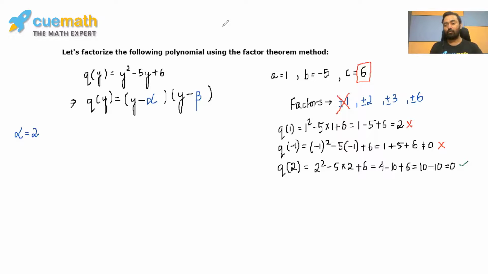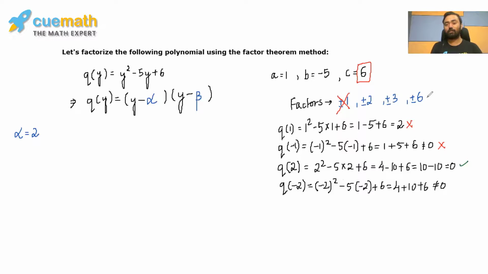Let us now move on to q of negative 2. So q of negative 2 is negative 2 whole square minus 5 times negative 2 plus 6, which is going to become 4, negative 5 times negative 2 is plus 10, plus 6. This is also not equal to 0.